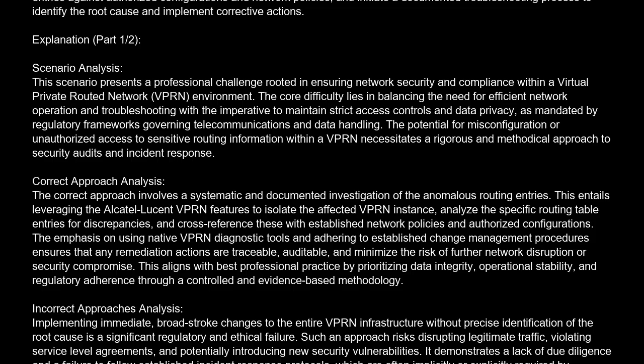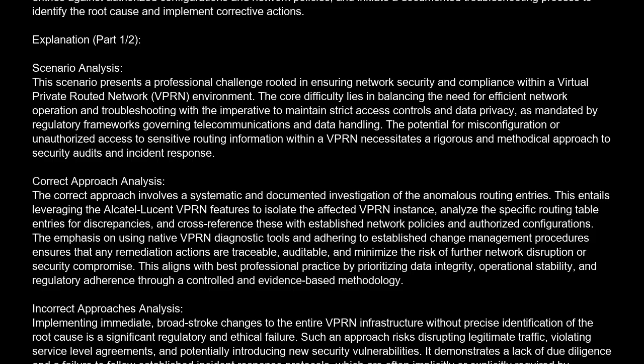Correct approach analysis. The correct approach involves a systematic and documented investigation of the anomalous routing entries. This entails leveraging the Alcatel Lucent VPRN features to isolate the affected VPRN instance, analyze the specific routing table entries for discrepancies, and cross-reference these with established network policies and authorized configurations.